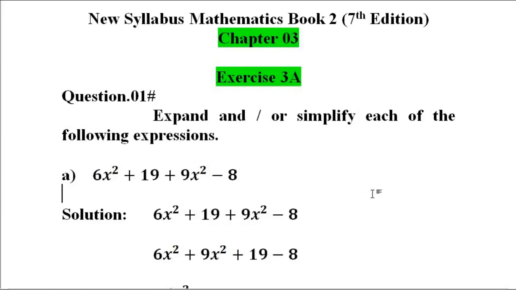Remember, like terms are terms with the same variables raised to the same powers. When we combine like terms, we look for any like terms in the given algebraic expression and combine them into one term. The reason we combine the like terms is to simplify the algebraic expression.